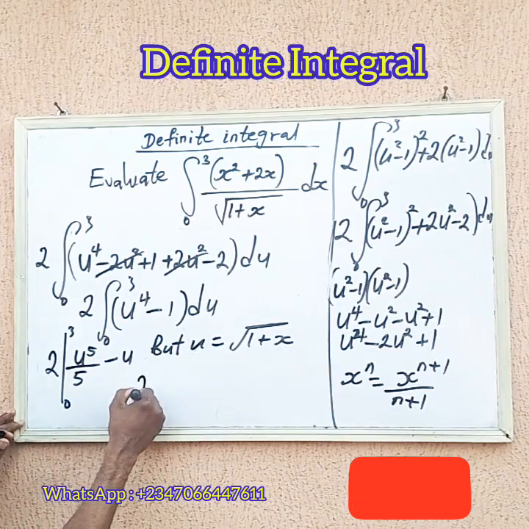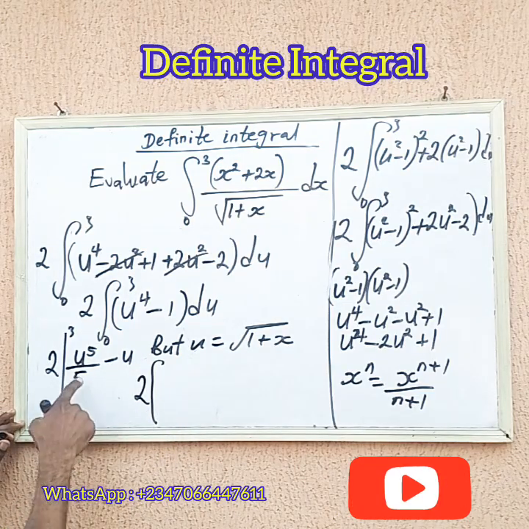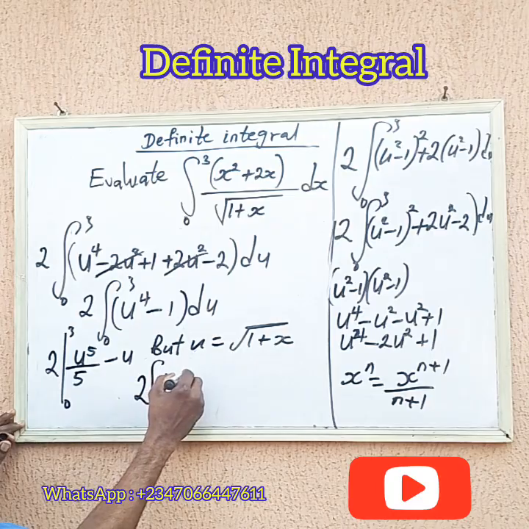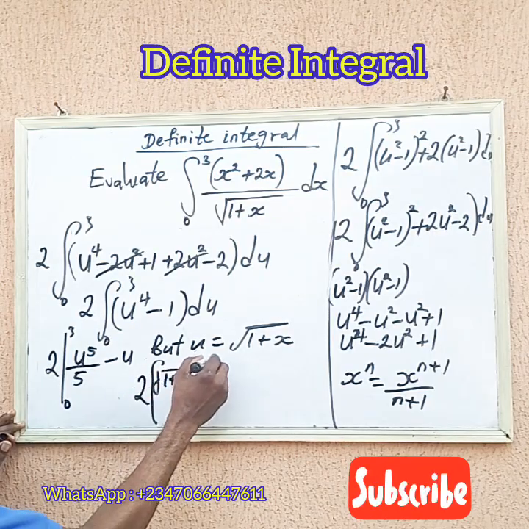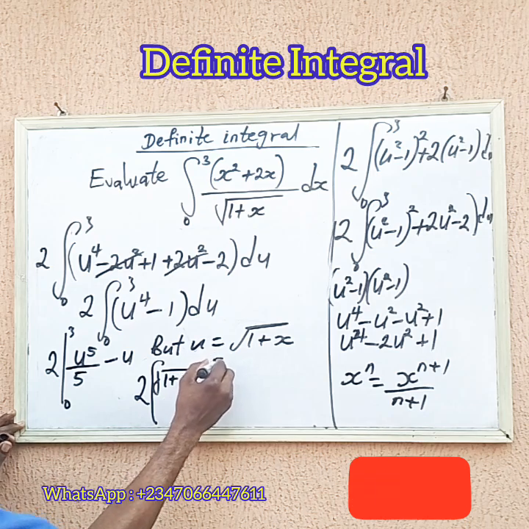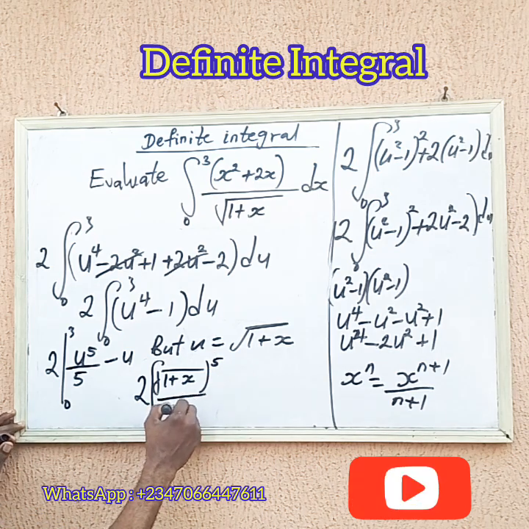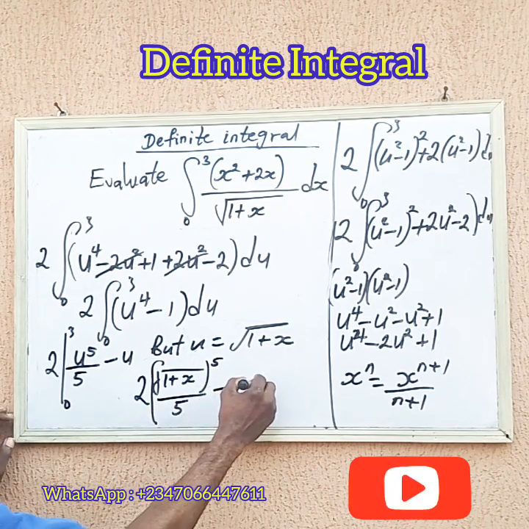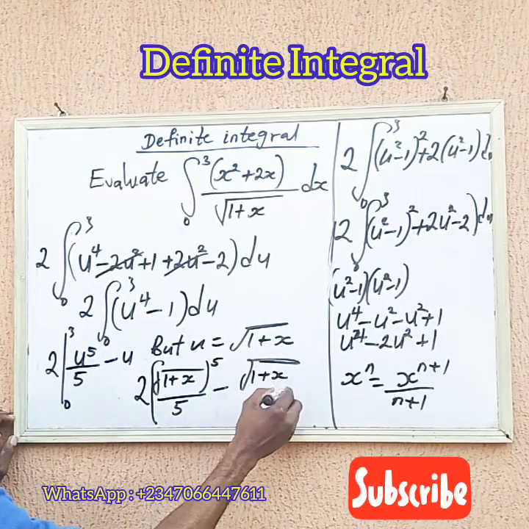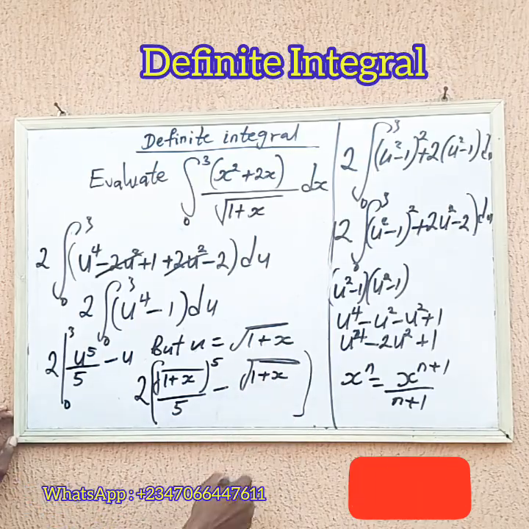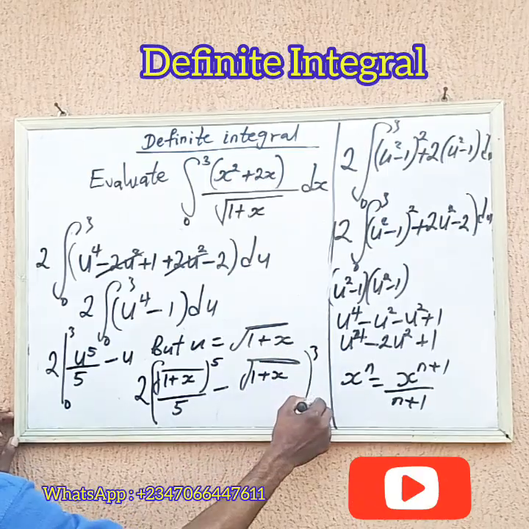From here, we're going to have 2 now. We have 1 plus x, everything raised to power 5, over 5, minus 1 plus x, that is square root of 1 plus x. Then we have 3 and 0.